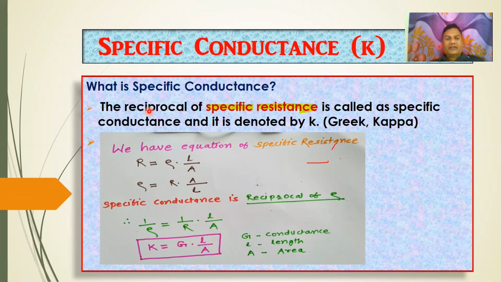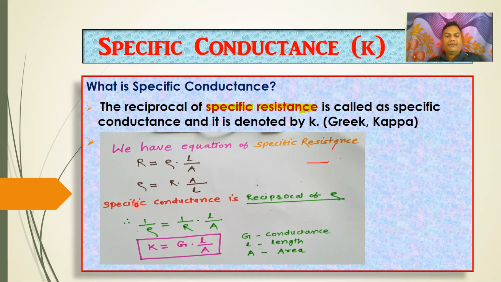In this slide you can see the simple equation for resistance, that is R is equal to rho into L by A, where rho is the specific resistance, L is the length, and A is the area of cross section. Specific conductance is simply the reciprocal of rho.